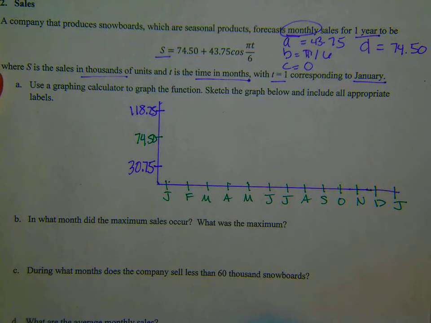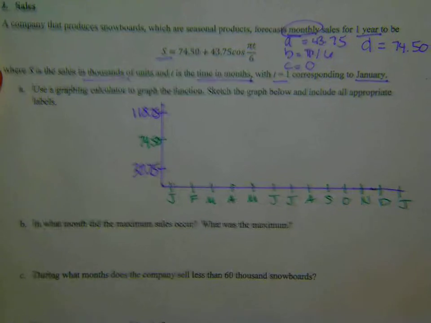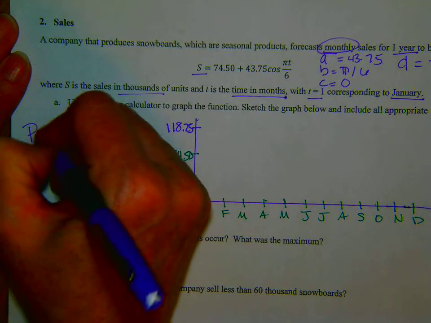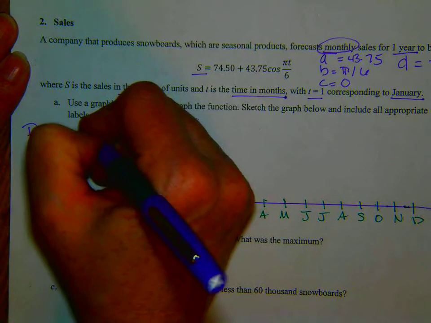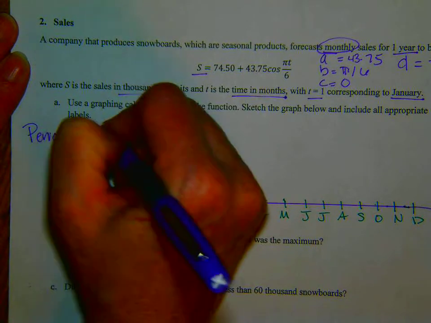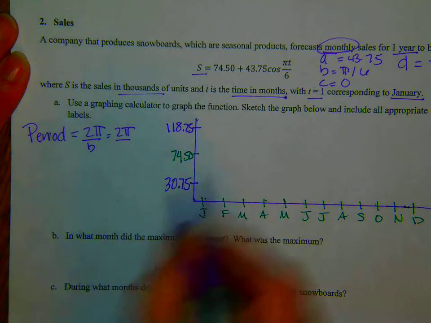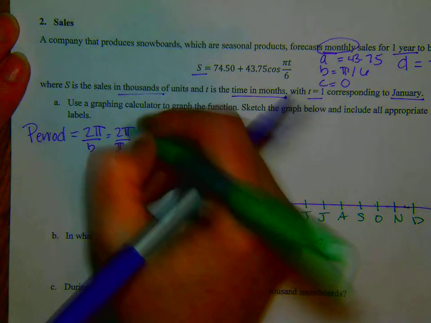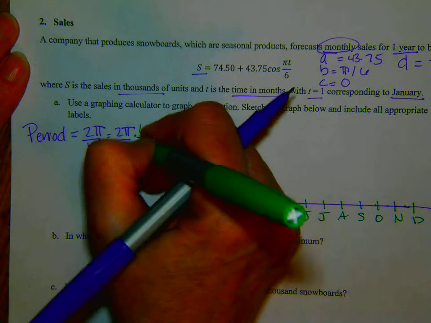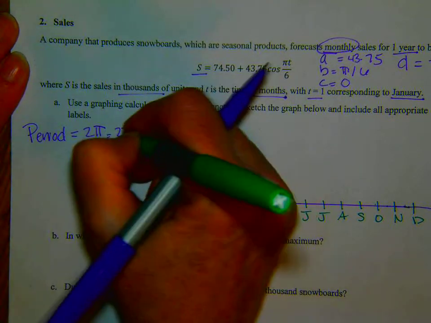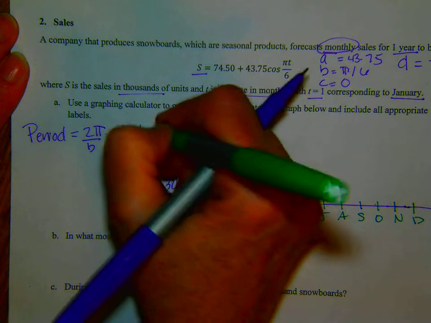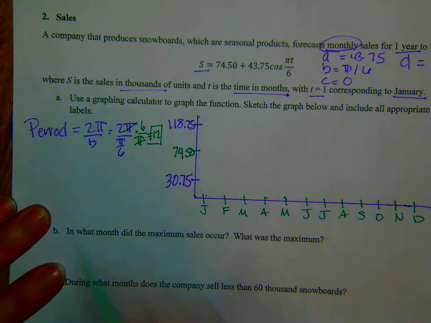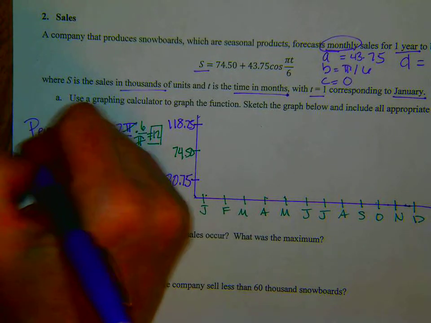Okay, so now we need to get the period. Period equals 2 pi over B, which equals 2 pi over pi over 6, which we multiply by the reciprocal, multiply by 6 over pi. What happens? Pi's cross out. Our period is 12, which is exactly what we were expecting, right? 12 months of the year. No surprises there. What's our x interval?